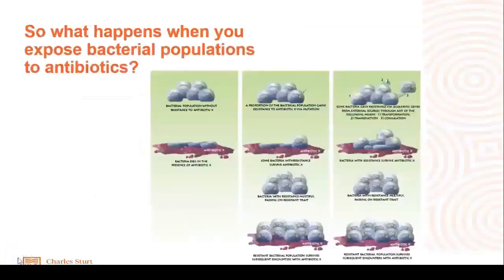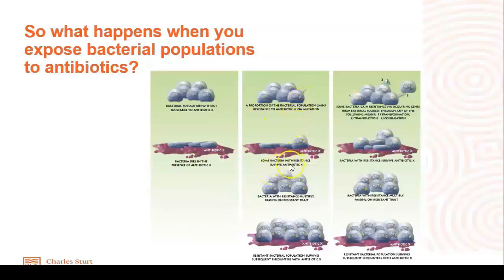This little schematic might help to explain it a bit better in terms of exposure of bacteria to antibiotics. Here you can see a bacterial population. None of them have resistance to antibiotic X, so they all die. So they all get wiped out in the presence of that antibiotic. Here, though, we can see a proportion of the bacterial population gains resistance to antibiotic X via mutation.